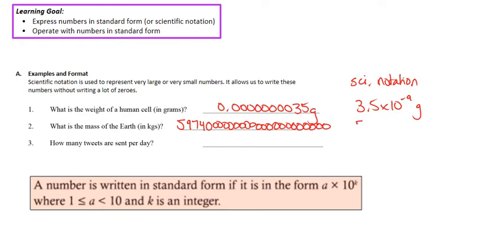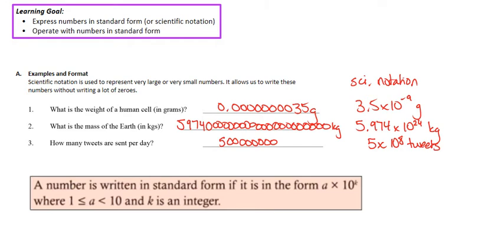In scientific notation, it becomes 5.974 times 10 to the 24 kilograms. The last example is how many tweets are sent per day, and that works out to be 500 million. Again, in scientific notation, that just becomes 5 times 10 to the 8.